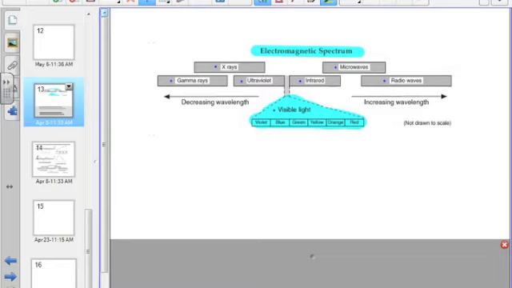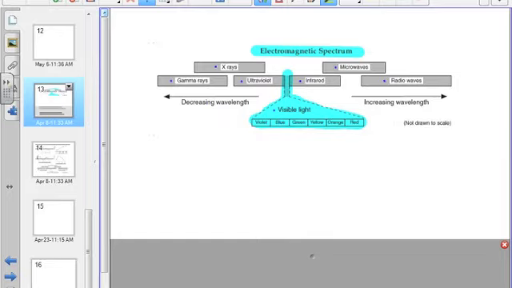Well, it actually is, because visible light is a slice that kind of fits in wavelength size between ultraviolet and infrared. It's just that for us, in our study of earth science, visible light energy is so important that we need to not just know that category, but also be able to break it out into the different colors of the visible light spectrum.